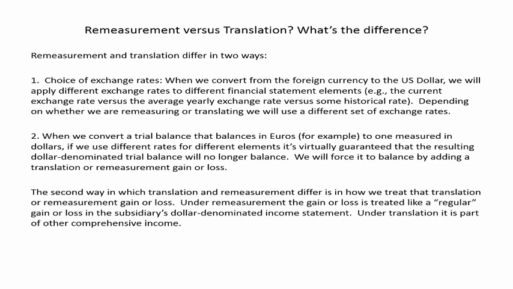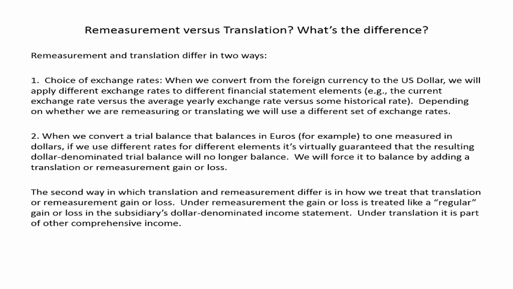The remeasurement gain or loss is rolled into income, it goes to retained earnings, and we never worry about it again. Under translation, the translation gain or loss is not included in our regular income. Instead, it's part of other comprehensive income. And so we're going to have to carry that forward as accumulated other comprehensive income from year to year.